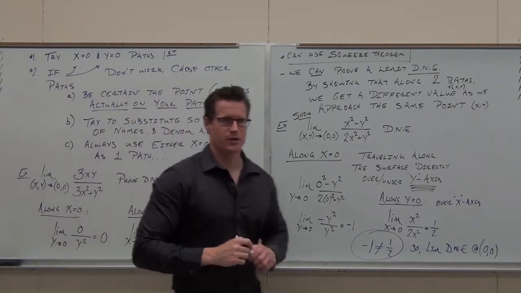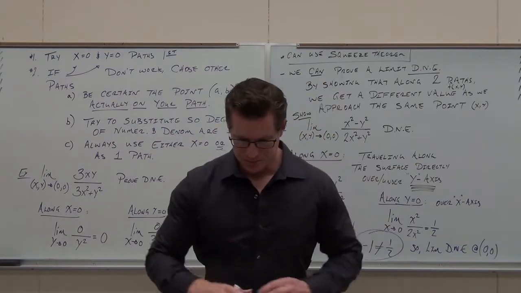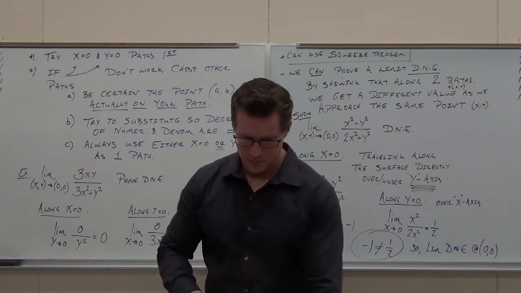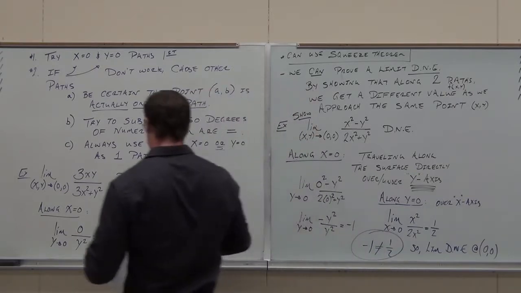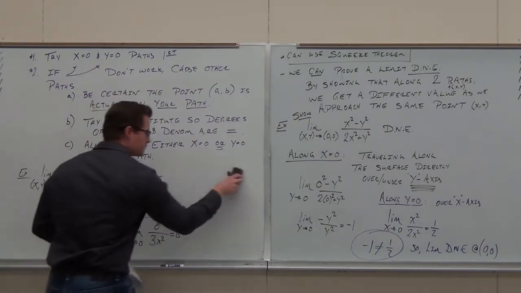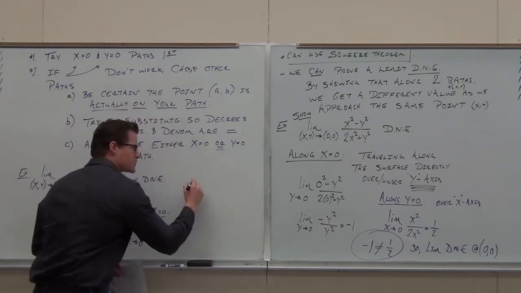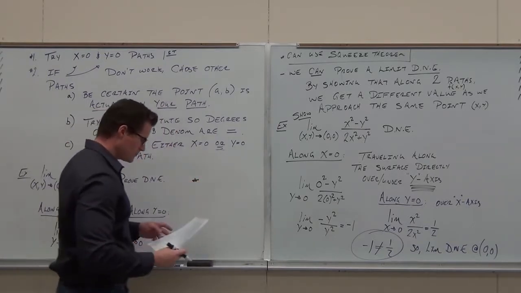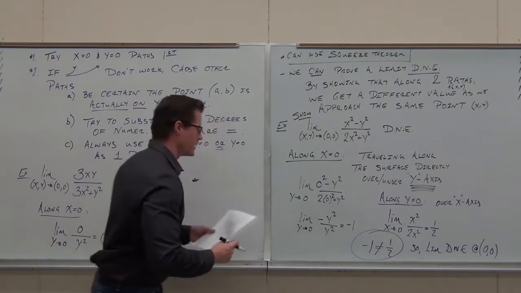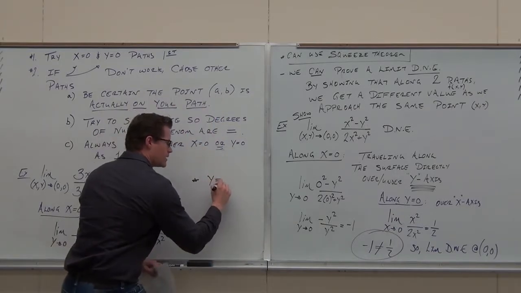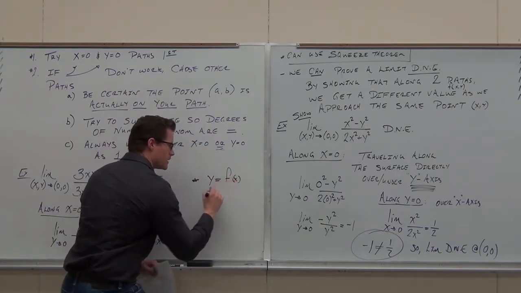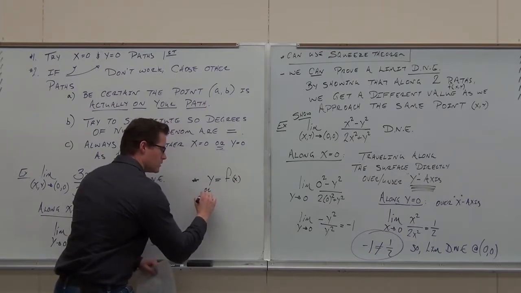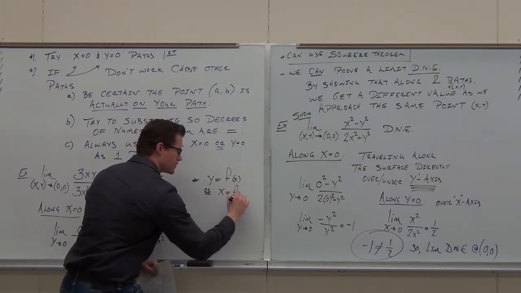I'll make a little side note. I'm going to choose so that this happens. I want to pick y equals a function of x, or x equals a function of y.